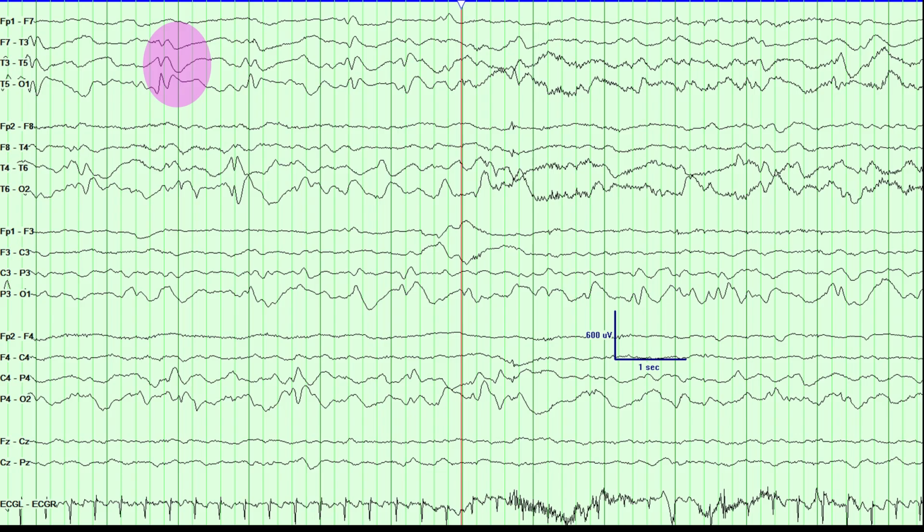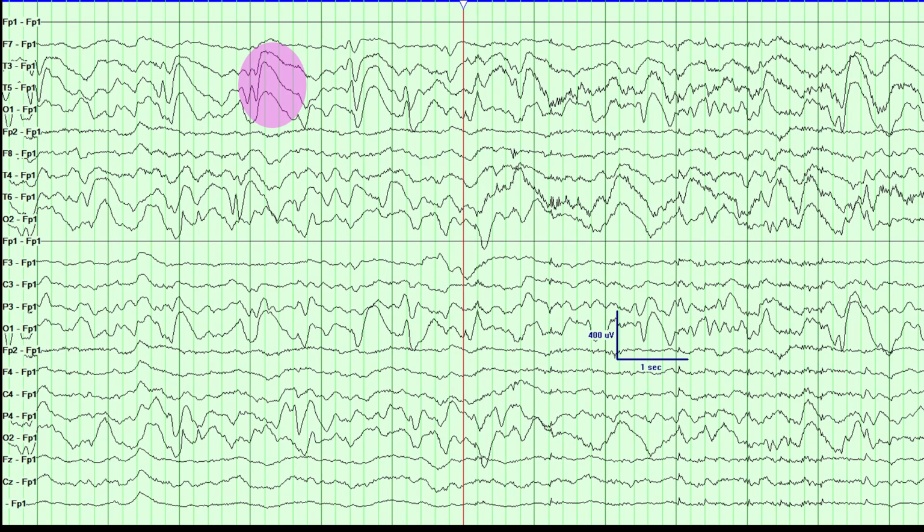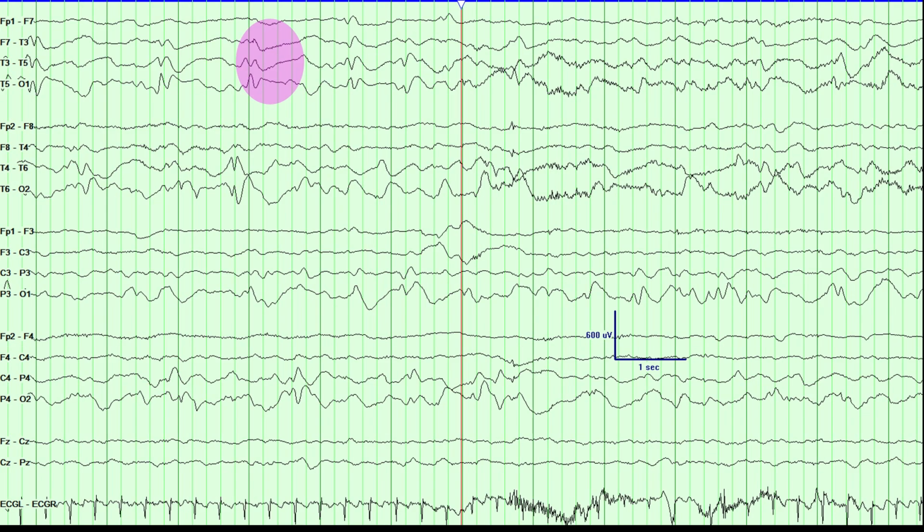The potential that can be better appreciated with bipolar montage was the potential that, when viewed using common electrode reference montage, had a briefer duration, a higher voltage gradient, less coherence, and was restricted to one channel. This frame highlights a similar event using a common electrode reference montage, and now the same event viewed using bipolar.